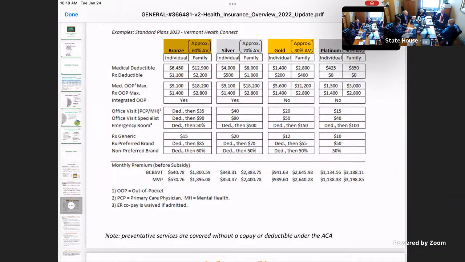And you can see there's a medical out-of-pocket max. So on a bronze plan, you may pay up to $9,000, whereas with a platinum plan, once you hit $1,500, you're off the hook. You don't have to pay anything. And then you can see the different office visits. So this just gives you a sense, but then you can see what the different premiums are for both Blue Cross Blue Shield and MVP.